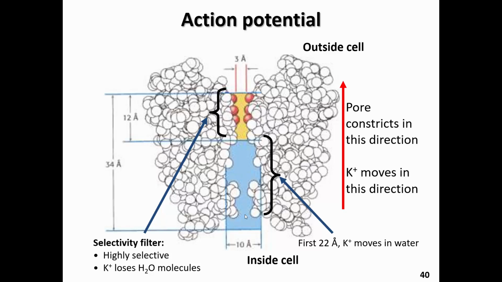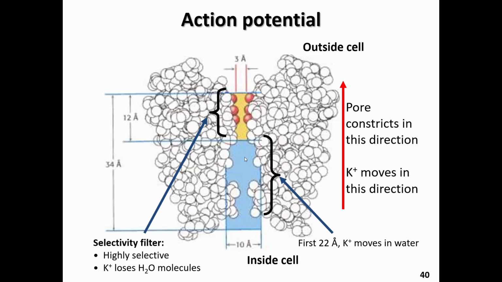And so you note here the constriction changes from approximately 10 angstroms at the opening of the pore to a very narrow 3 angstrom diameter in that selectivity region.